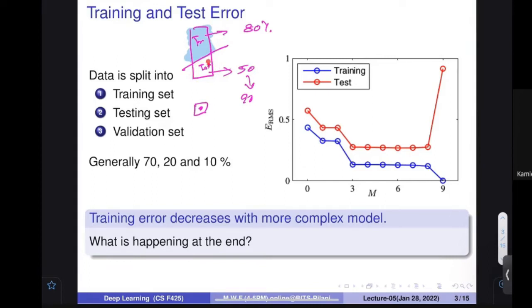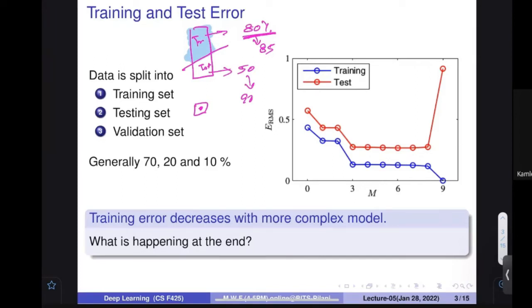So we most commonly expect the error on this to be higher than 80%, maybe 85%. The error on the testing partition is mostly going to be higher as compared to the error on the training partition. Are you agreeing with this?